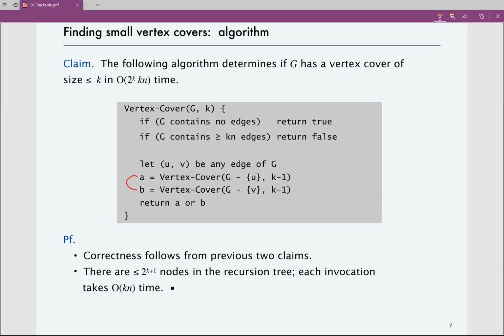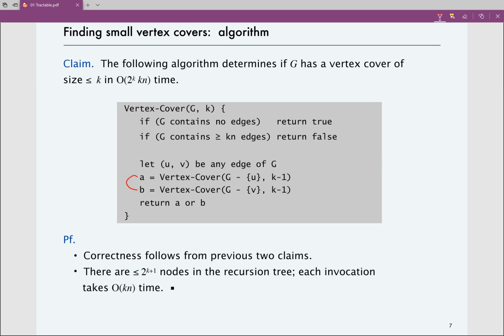So we simply return A or B. That means that if either A or B is possible, then we can cover all of G using K vertices. And if A and B are both false, then we cannot cover G using K vertices. So this shows that this recursive algorithm works correctly.